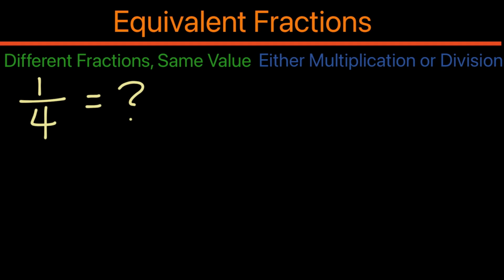In this case, 1/4, if we want to times by 2, and the same in the numerator, the result that we would have would be 2/8. So this is the equivalent value of 1/4.